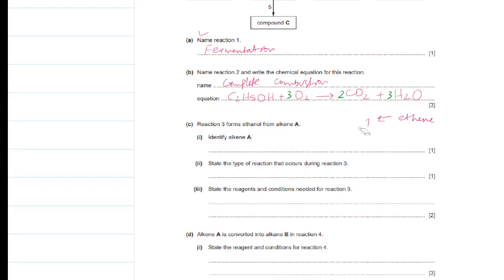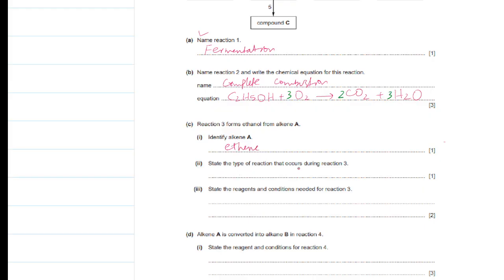Similarly, if propanol is formed, the alkene that will be used to prepare it will be propene. And similarly, butanol will be prepared from butene. So the alkene that is used to prepare ethanol will be ethene.